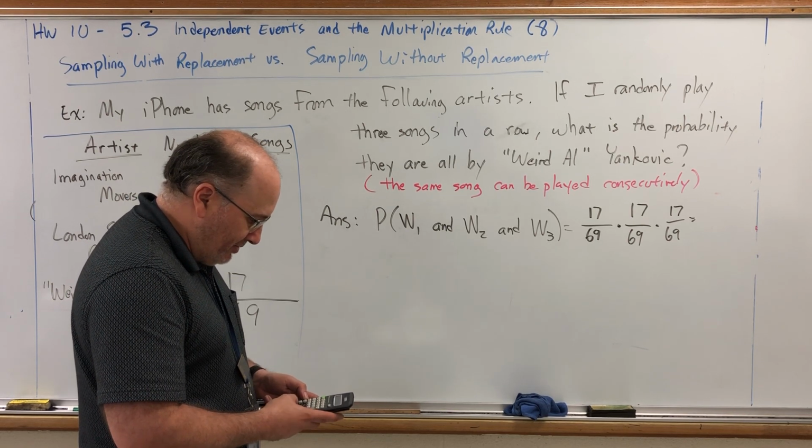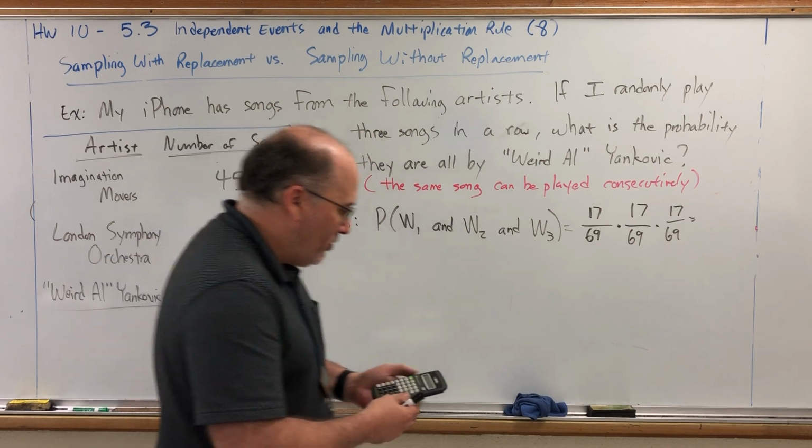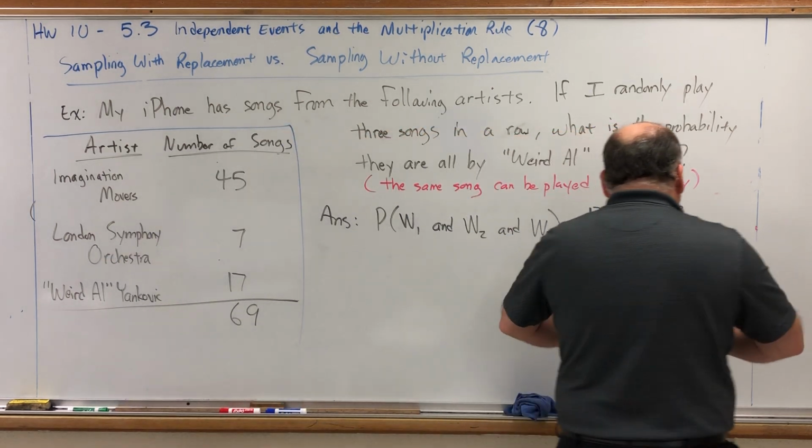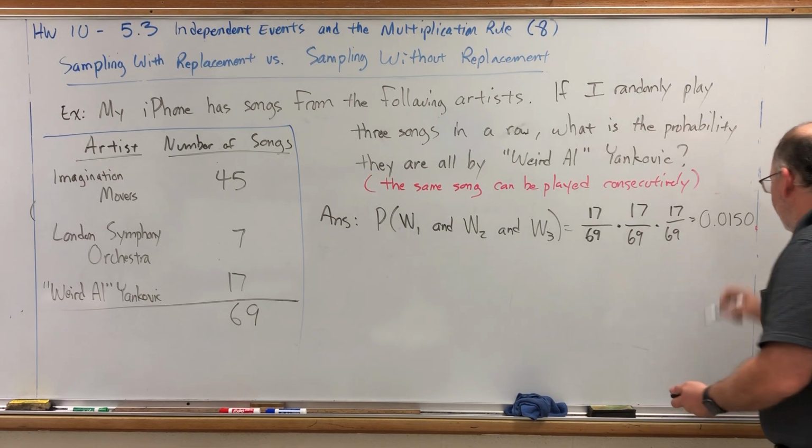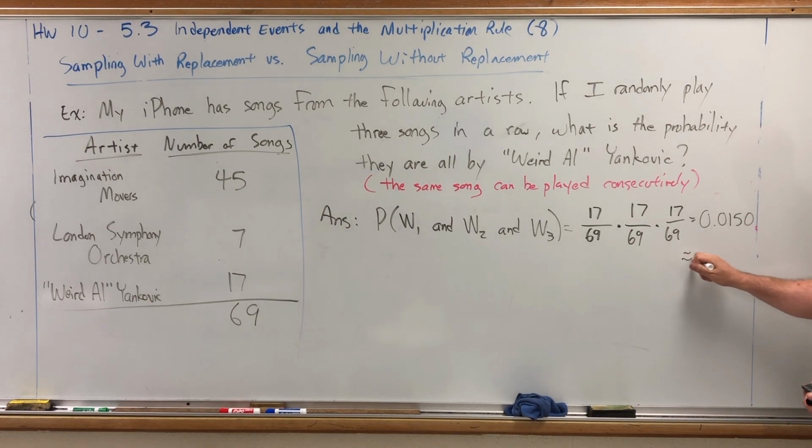So we're going to raise that to the third power. So 0.0150 rounded to 4 decimal places, or about 1.5%. Actually, the approximately should be here. That's where I did the rounding. So about 1.5% chance that if I play 3 songs in a row, they'll be from Weird Al.